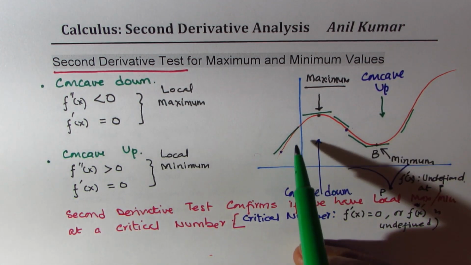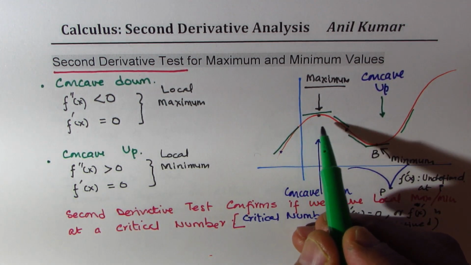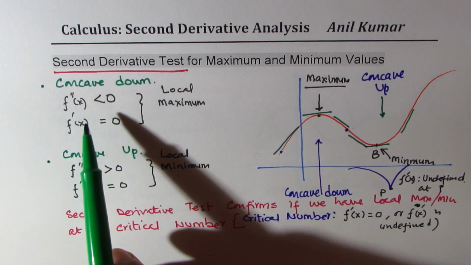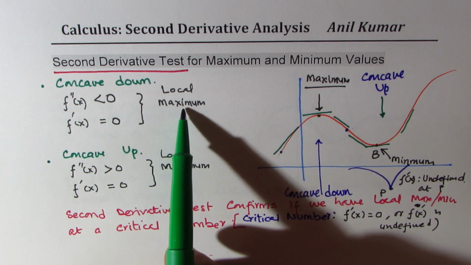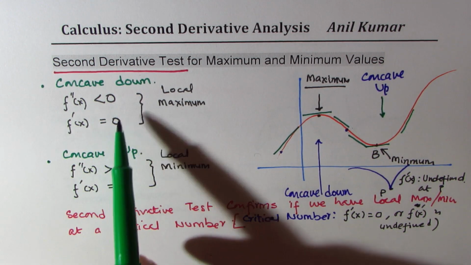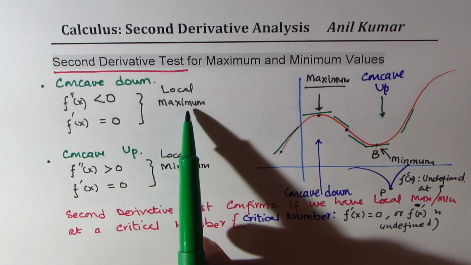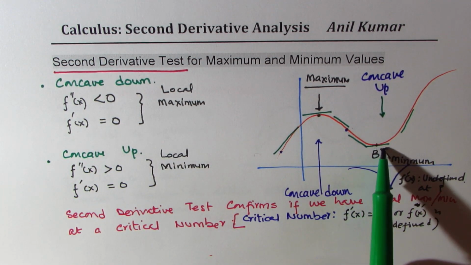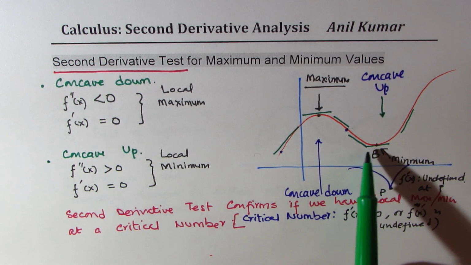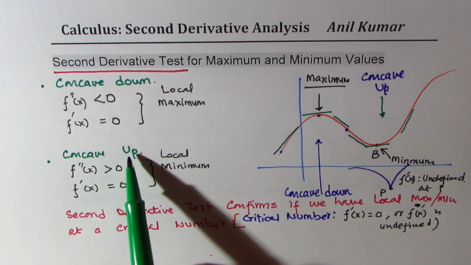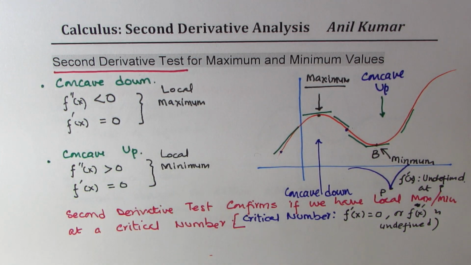In the interval where the second derivative is less than 0, we could have a maximum provided the first derivative is 0. That condition gives us a local maximum. First derivative being 0 means we have a horizontal tangent line, and if this horizontal tangent line exists on a concave up portion, we have a local minimum.